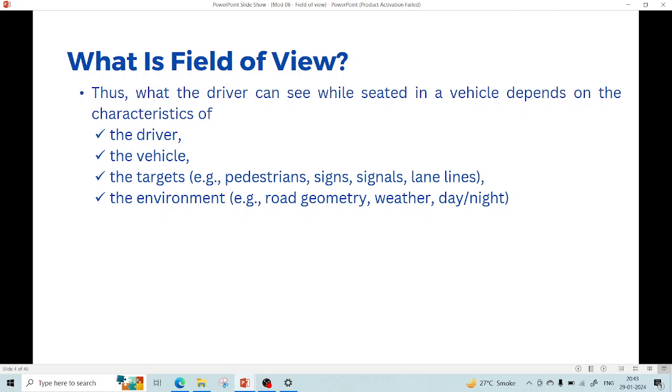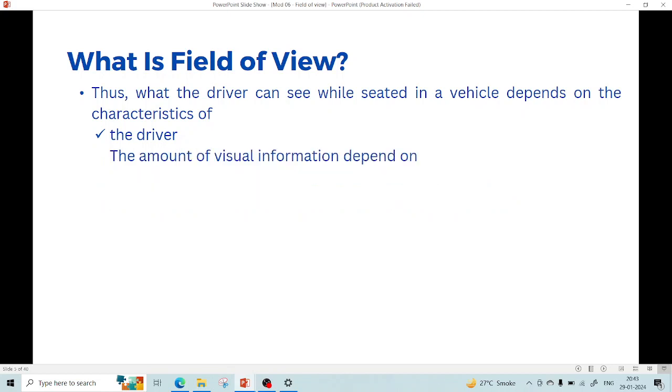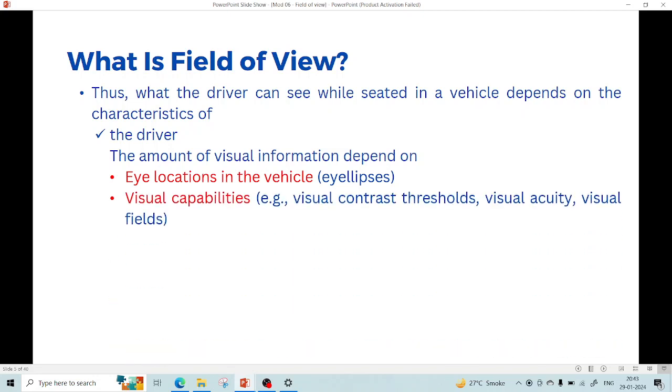Now getting into detail of each point, when we talk about the driver, the amount of visual information of the driver will depend on a few characteristics of the driver. A very important characteristic is the eyellipse, or the eye location in the vehicle. Then the visual capabilities: the contrast thresholds, visual acuity, and visual fields of that specific driver.